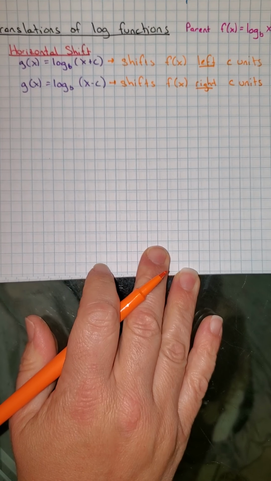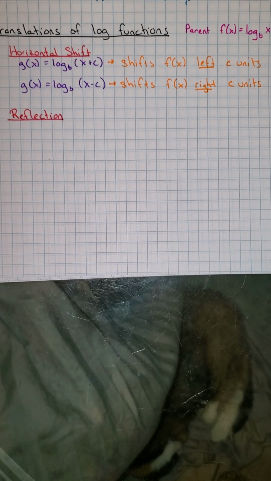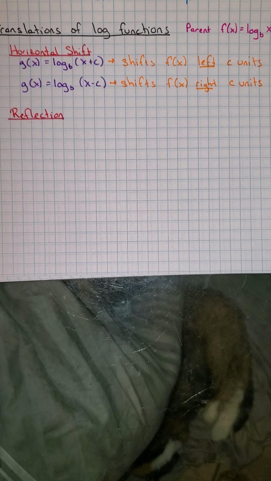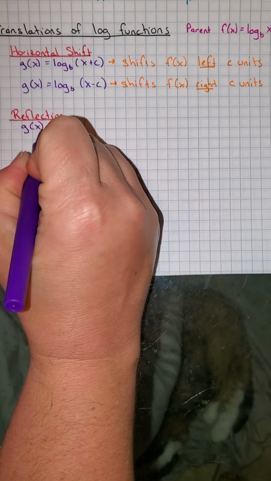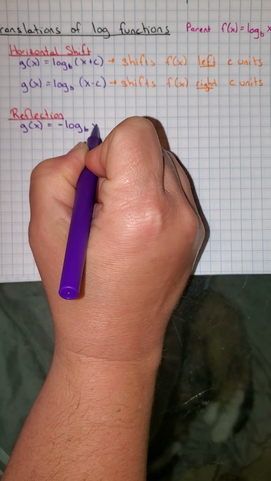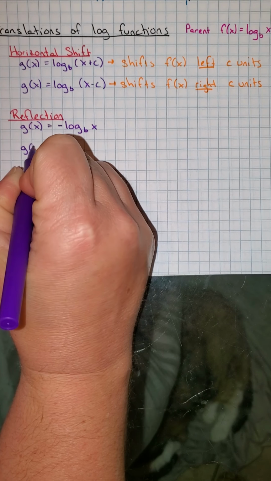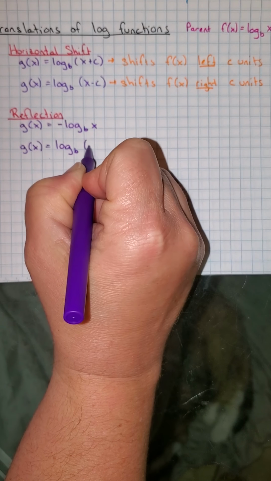Then you have your reflections. This is your negatives with my stupid mnemonic: x's and o's, y's and i's. You could have g of x equals negative log base b of x, or g of x equals log base b of negative x.